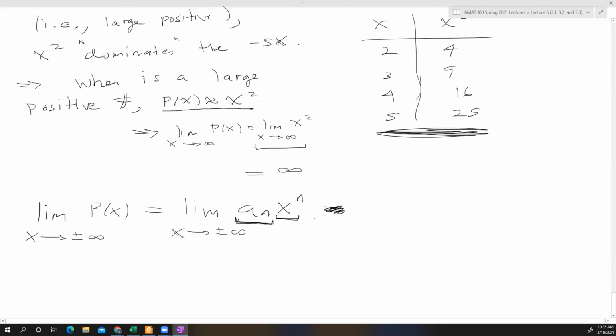That's what the whole discussion says: the limit of the polynomial as x goes to plus or minus infinity is the same as the limit of the leading term. Because of the same argument, when x is a large positive number, that leading term dominates the other ones. So that's really what's determining the end behavior.